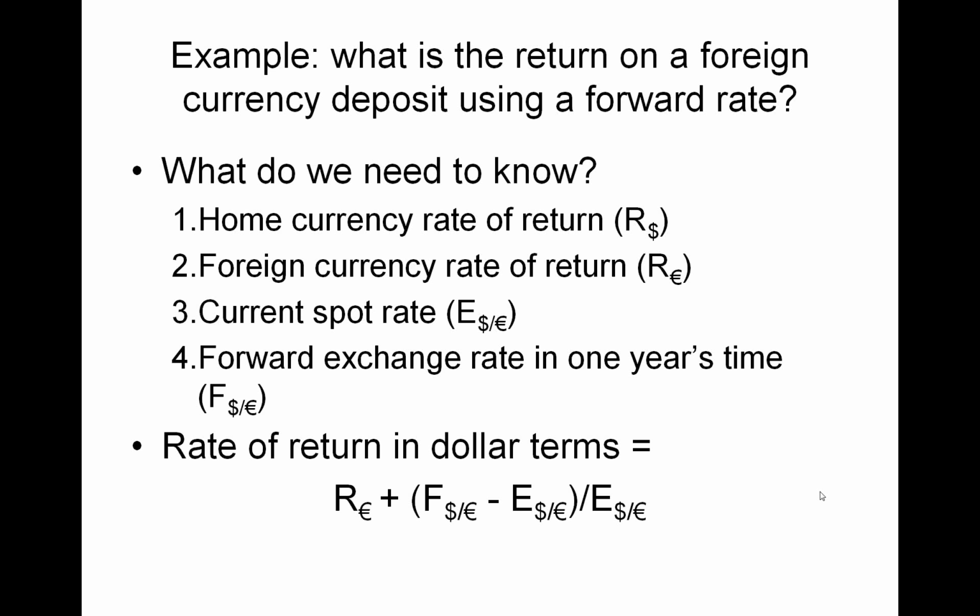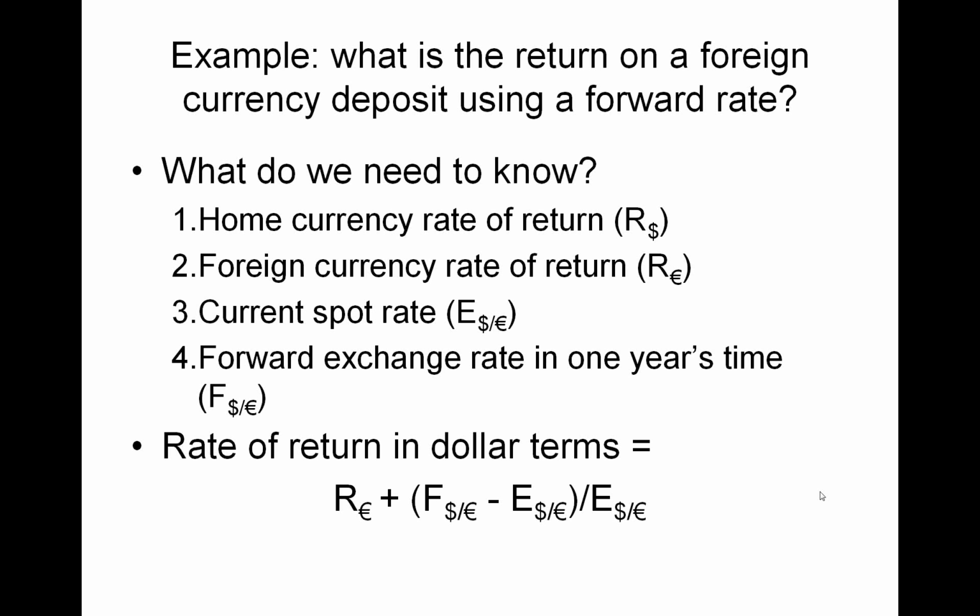We need to know the current spot rate, as well as the forward exchange rate in 1 year's time. So the rate of return in dollar terms is going to be almost exactly what we had before. So we have the rate of return on the dollar deposit plus, instead of using the expected spot rate a year from now, we're going to use the forward rate minus the current spot rate, and this quantity divided by the current spot rate.